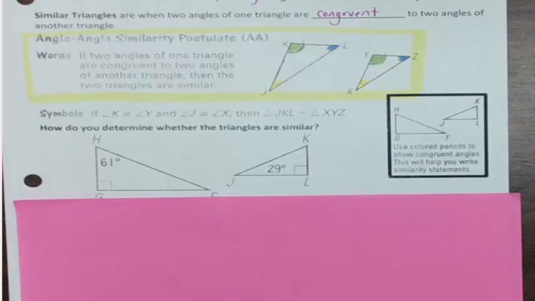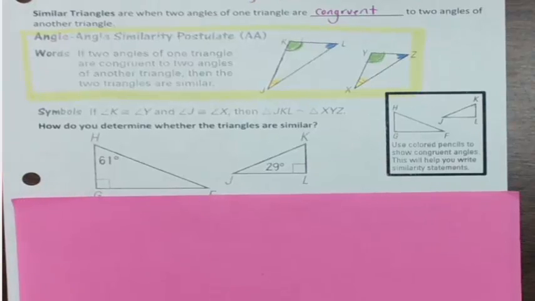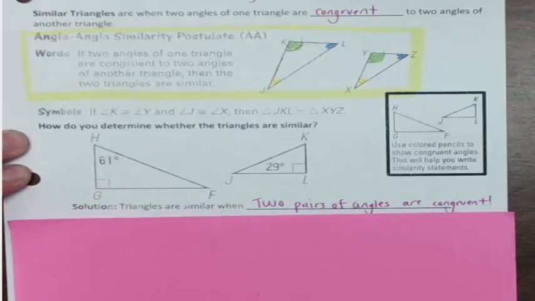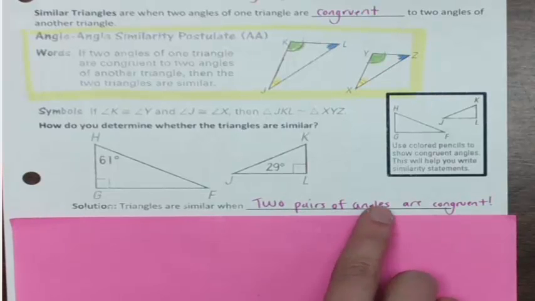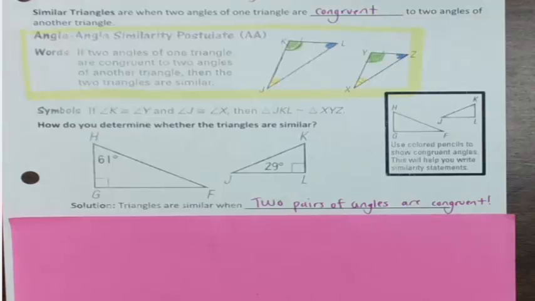Remember, at least two of the angles are the same on both triangles. So the solution is if the triangles are similar, then they have two pairs of angles that are congruent. We have to determine if they are congruent by looking at what is identified.